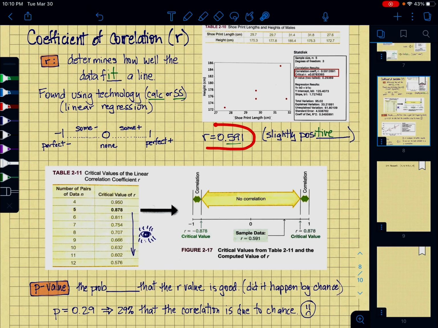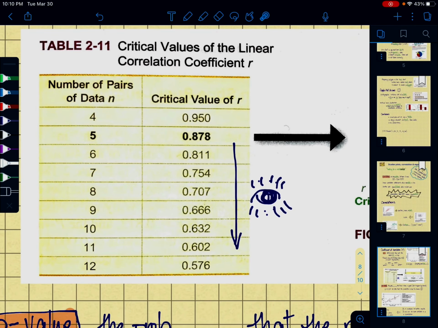All right, first things. How do we know if I can lean heavily on this R value? So here's n, the number of pairs, and as the number of pairs increases, our critical value goes down for R. Now what does that mean, the critical value of R? That means for us to be dependent on R, to trust the R value is good, I need to have R values that are bigger than 0.95 if I've only got a 4.